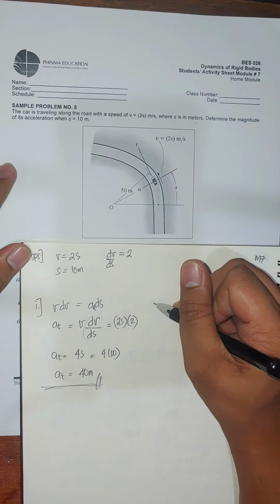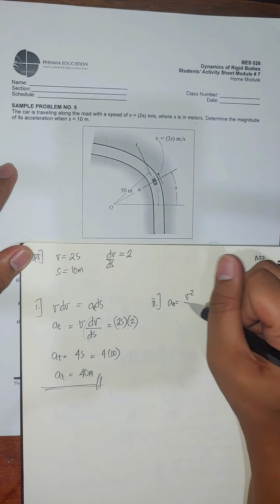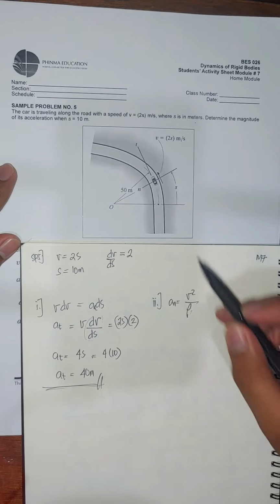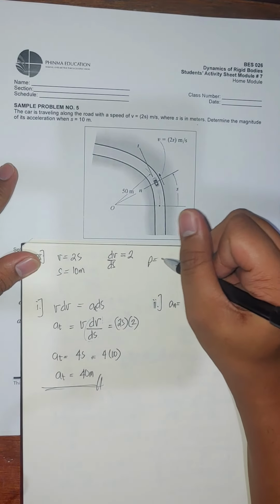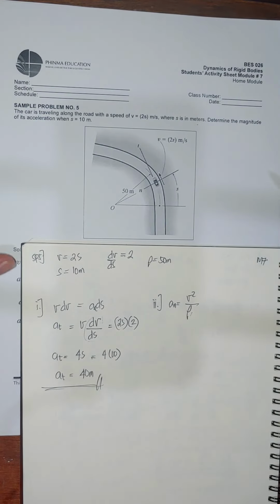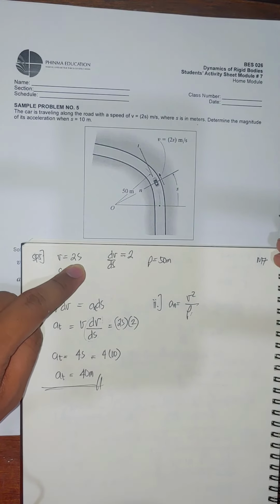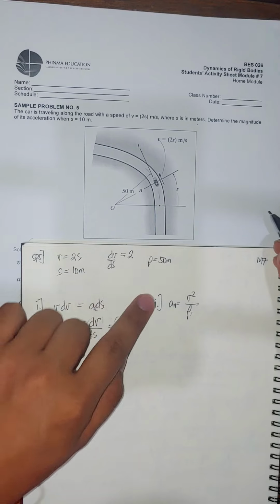Next, to get the normal acceleration: normal acceleration is equal to v squared over rho. Rho is given, 50 meters. So v squared, the square of the velocity, 2s, where s is 10 meters.